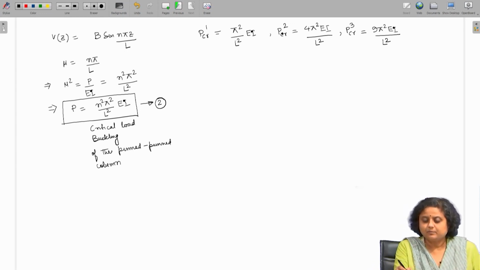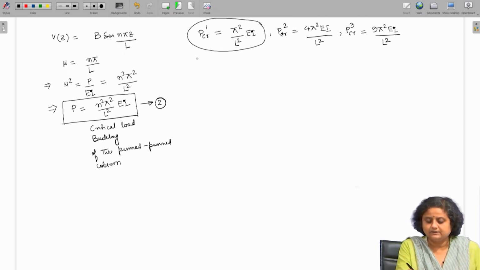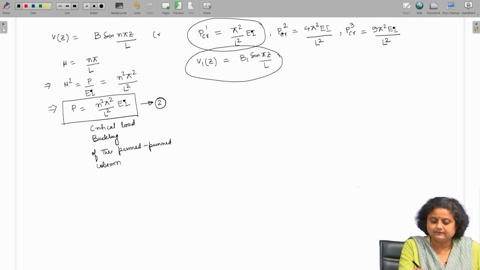Now, corresponding to P critical 1, my V1 Z is going to be some B1 into sine pi Z by L. So, these are nothing but the shape of the buckling load. So, these are the critical loads, whereas these are the buckling modes.